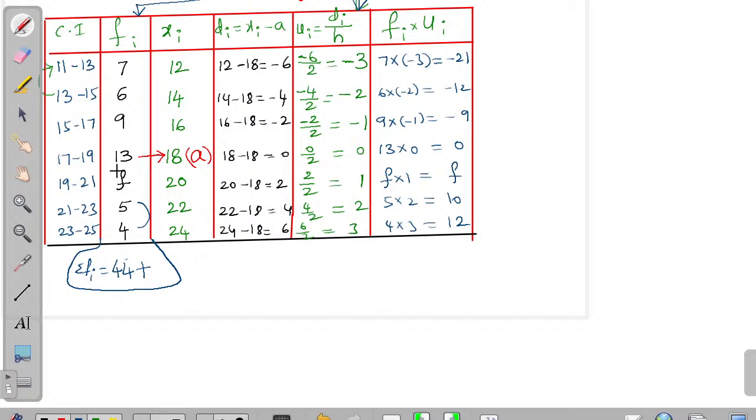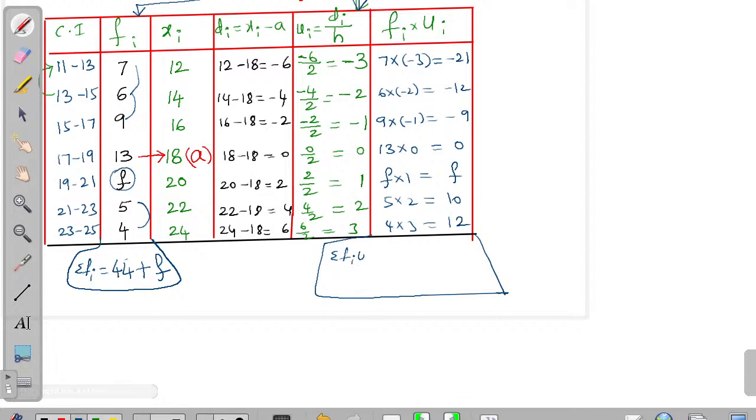Plus here f is there, so you have to write 44 plus f.